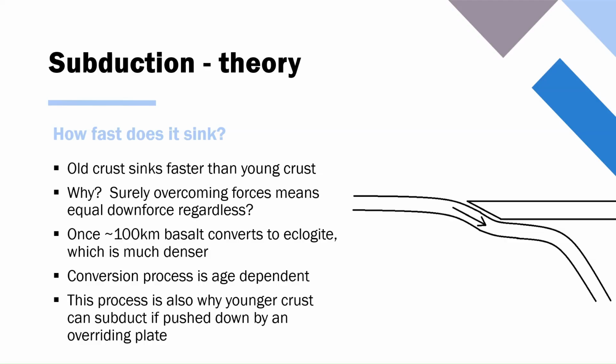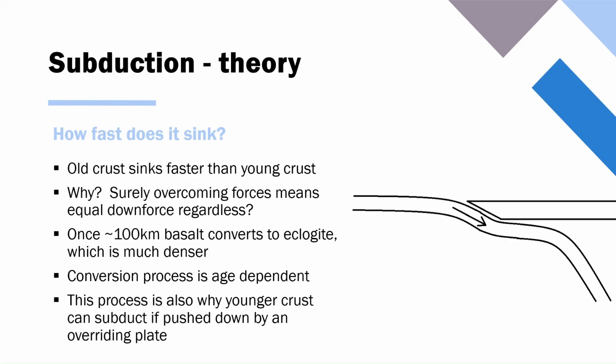And so you get densification just from being at depth, which is not related to the buoyancy. It's not a cooling phenomenon. It's a chemical process. Now, this process is age dependent, and it happens more slowly in young crust, which means young crust densifies more slowly and hence subducts more slowly.